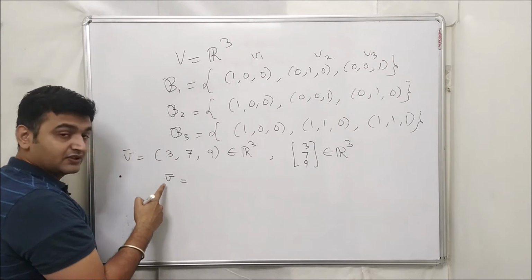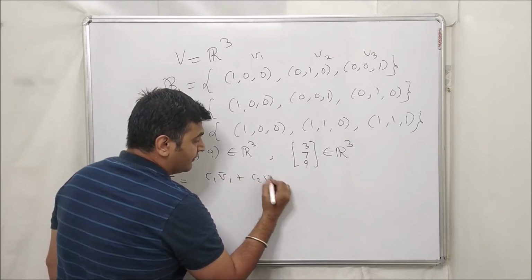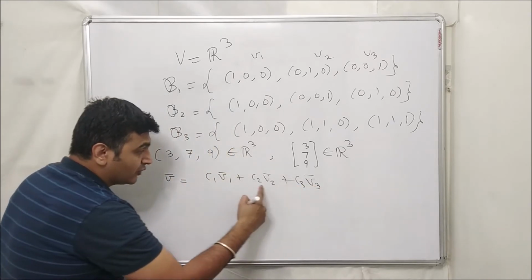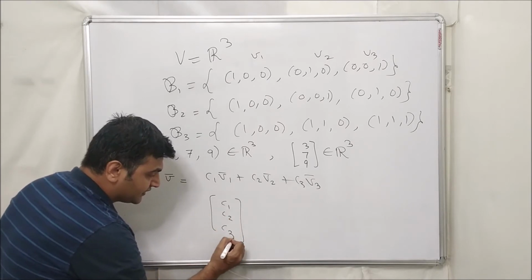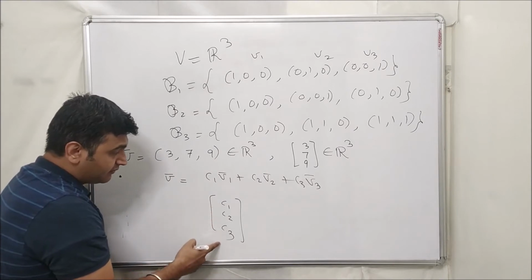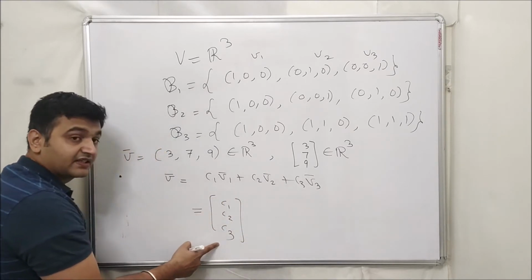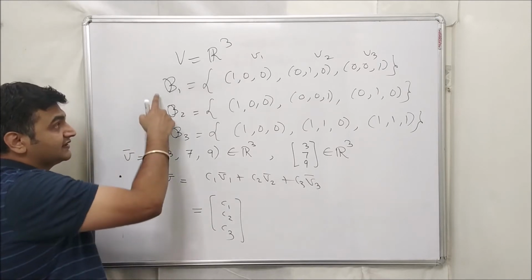So you write your V bar as some linear combination of V1, V2 and V3, and then you write down these coefficients column-wise, C1, C2, C3. This column, whose entries are nothing but the coefficients of this linear combination, is called the coordinate vector of V with respect to basis B1.